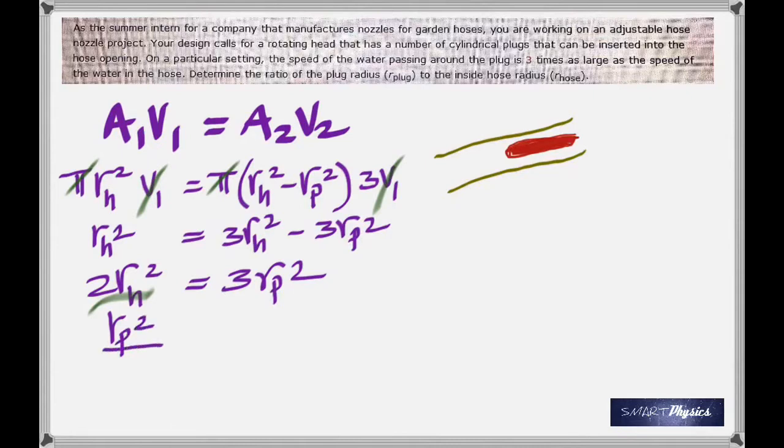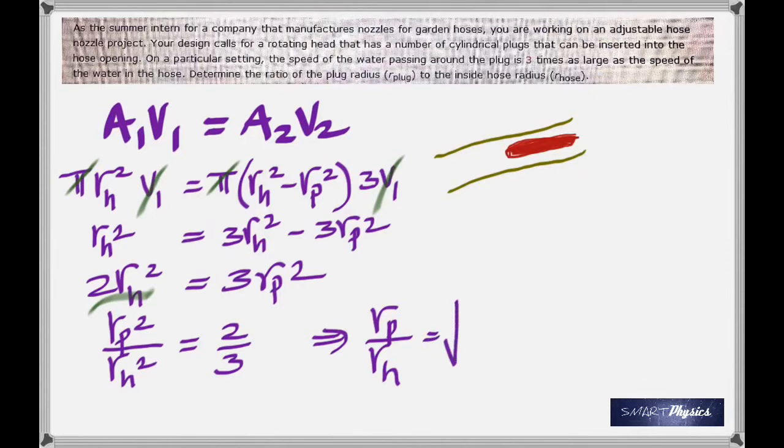On rearranging, rp squared by rh squared is equal to 2 by 3. Now take the square root on both sides and you get rp by rh is square root of 2 by 3, which gives 0.816, and that's the answer.